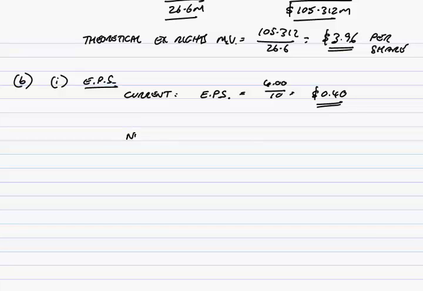So that's not a problem. But what about the new one? Well, the new earnings per share, we're going to have more shares in issue, obviously, because of this rights issue, but we're going to get more earnings because of the new project. So, what are the current total earnings?